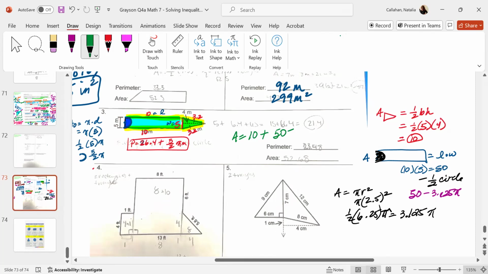Minus half a circle, which is 3.125 pi. So 10 plus 50 is 60 minus 3.125 pi. And that is going to be meters squared. That's their answer.